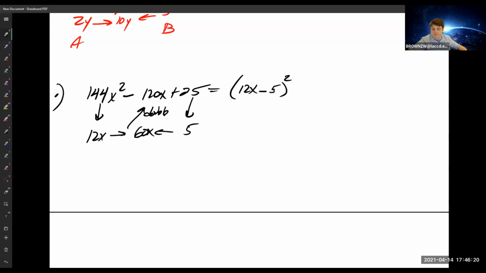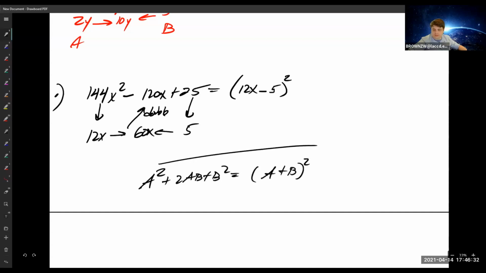So just to give this a name and to properly write this formula, if you have a squared plus 2ab plus b squared, this is what is called a, we're not clever when we name things, a perfect square binomial.